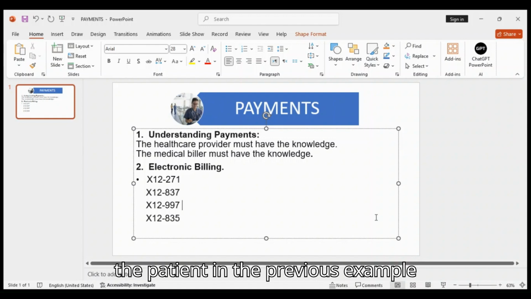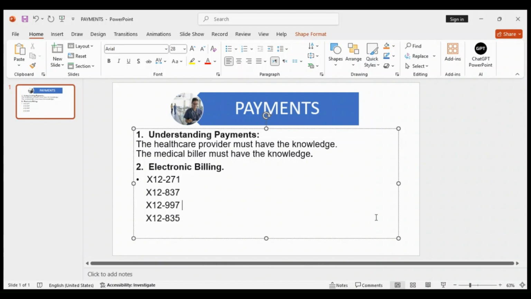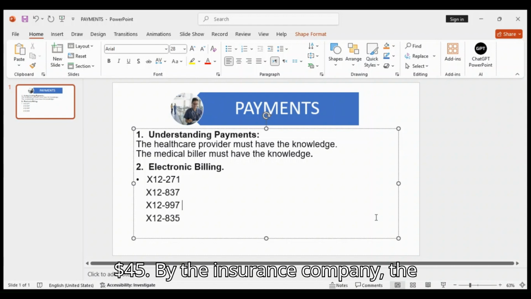If the patient in the previous example had a $4 co-pay, the physician will be paid $44 by the insurance company. Or, for example, if the copay is $5, the physician will be paid $45 by the insurance company.